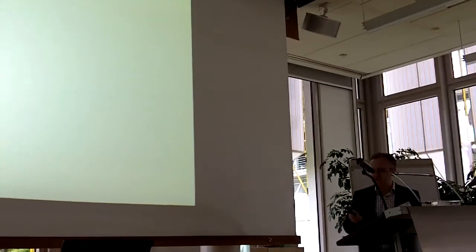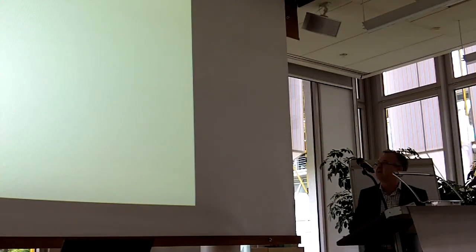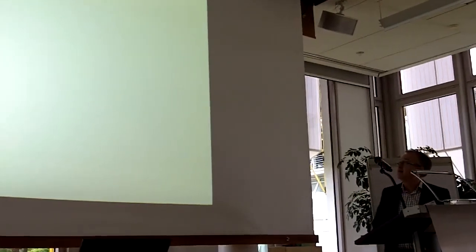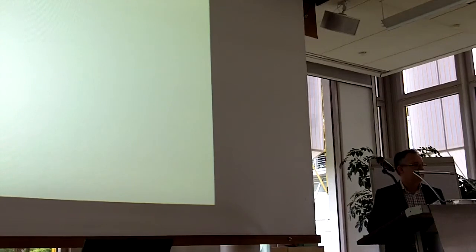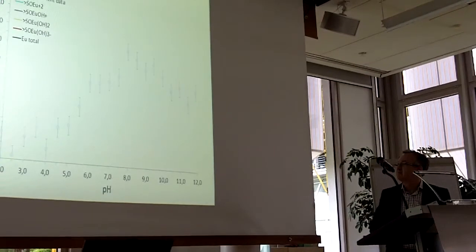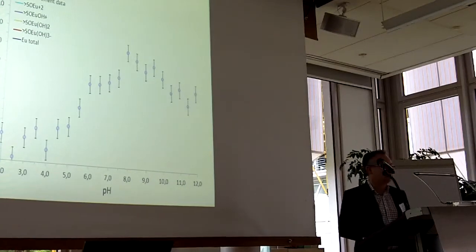So to begin with, I thought I'd give an example of what the normal workflow would be in a traditional approach to surface complexation modeling. And for this purpose, I use sodium illite as an example. And I've basically taken some synthetic data because I didn't have any real experimental data to work with. So basically, you start off with a set of measurements.